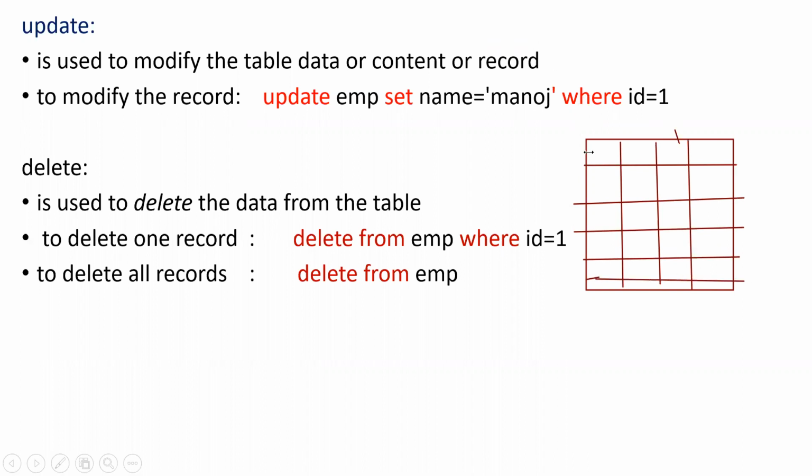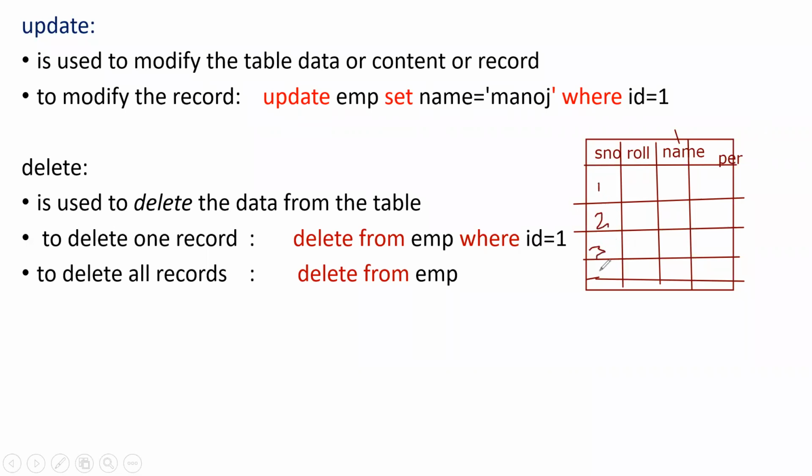Now this is serial number and roll number and name and percentage.